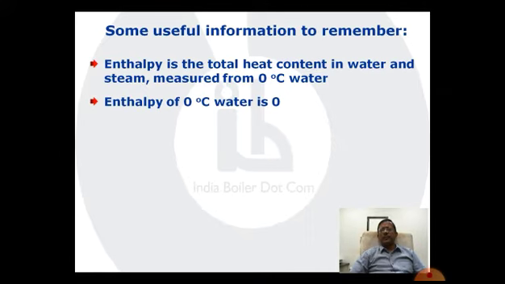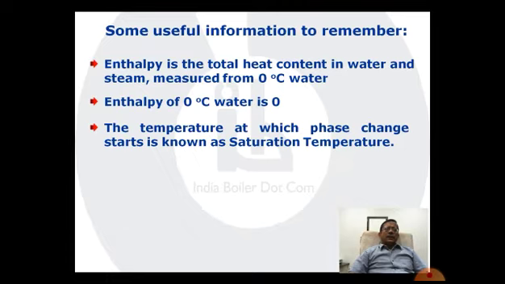From there onwards, any amount of heat added will be considered as enthalpy, the total heat content of water as well as steam. The temperature at which the phase changes from water to steam, we usually used to call it boiling point, but from now onwards that will be considered as the saturation temperature.